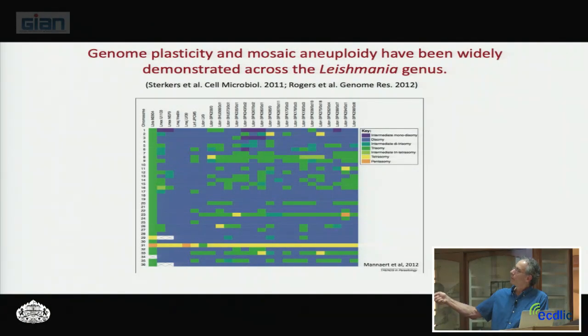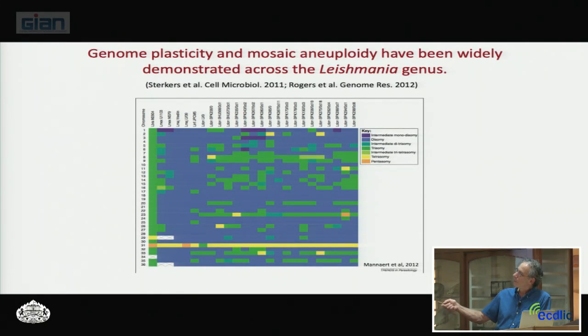So blue is disomic. There's a generally blue pattern because these parasites are generally diploid, but clearly there's a lot of aneuploidy going on here. Primarily, a lot of chromosomes are not disomic, but trisomic. These green colors represent trisomic chromosomes.